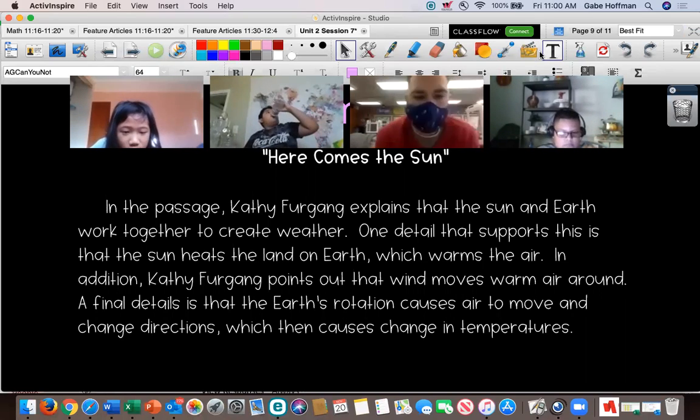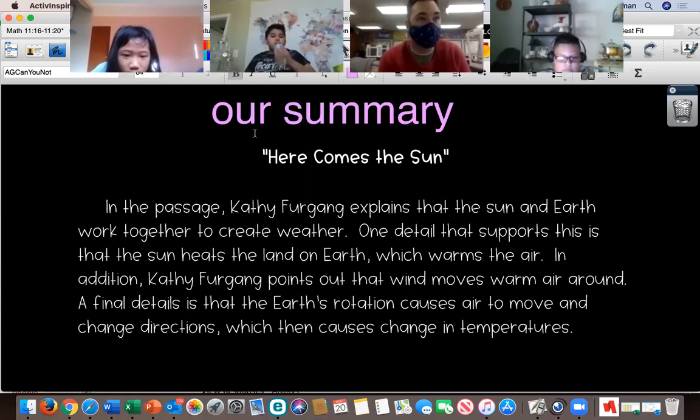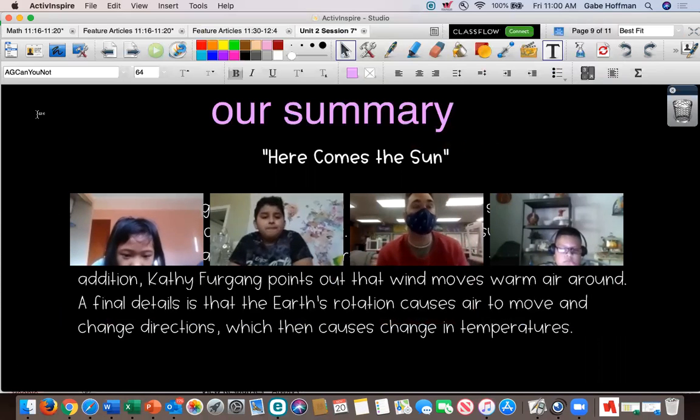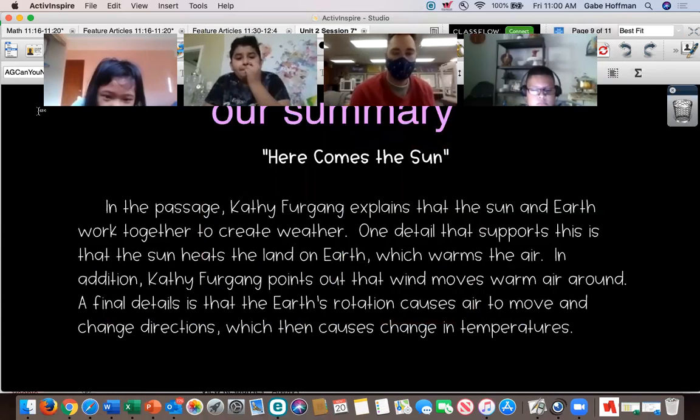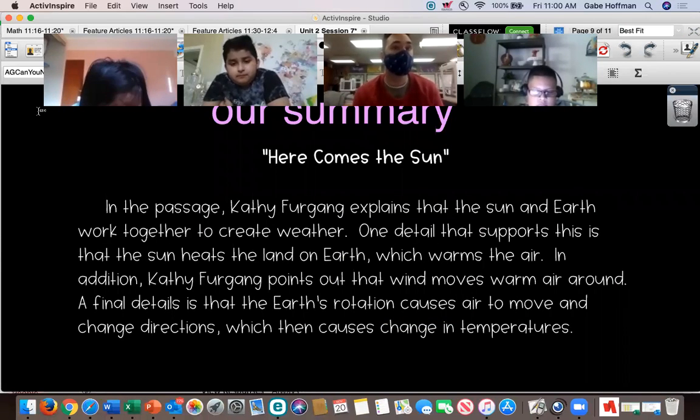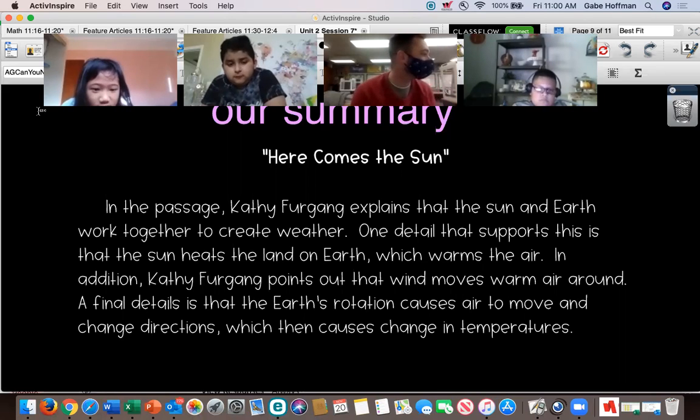In the passage, Kathy Fergang explains that the sun and earth together work to create weather. One detail that supports this is that the sun heats the land on the earth, which warms the air.